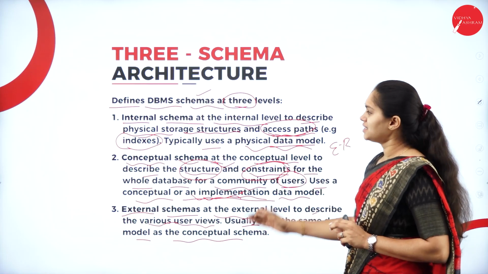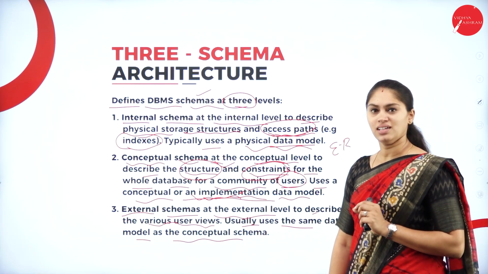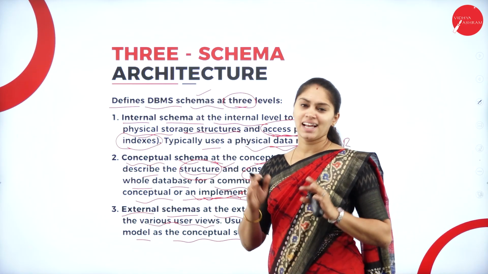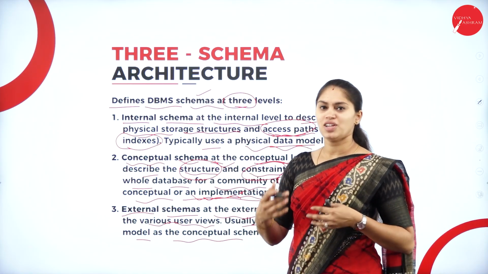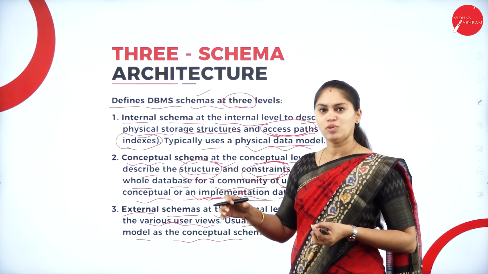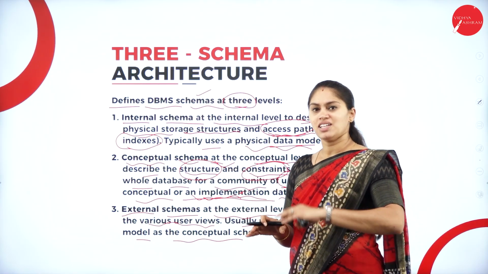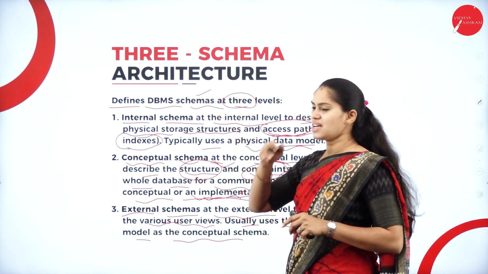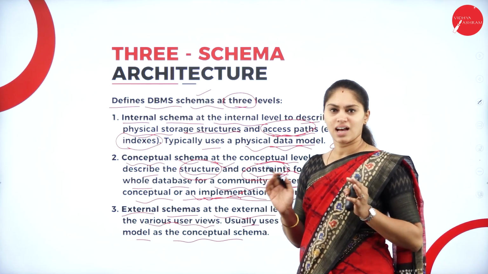These are the 3 levels we have in the 3 schema architecture. Mainly, the purpose is to hide the details of accessing or manipulating content from the user. That means I just want to hide what is happening internally and give them the resultant data they require. For that purpose, we have this 3 level or 3 schema architecture.